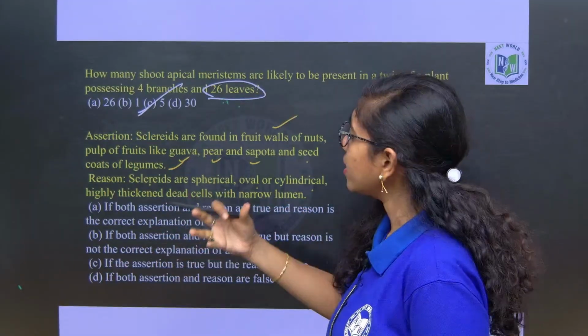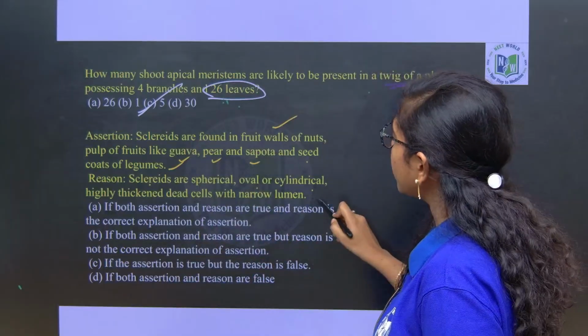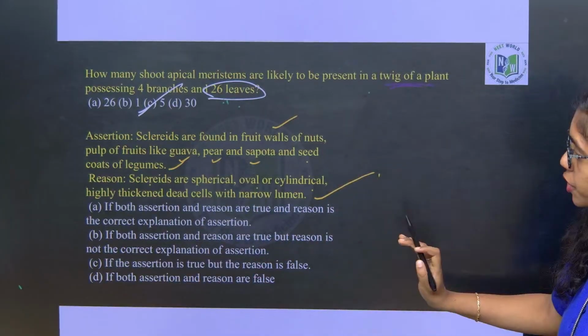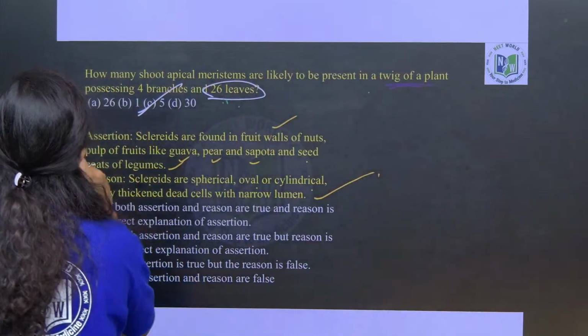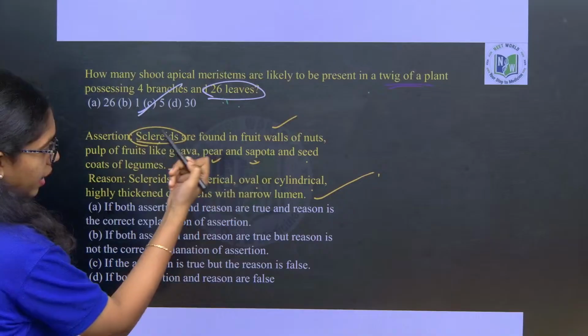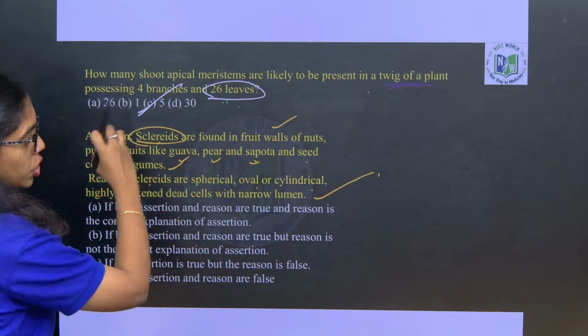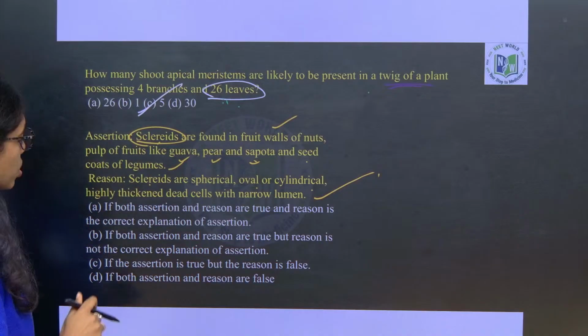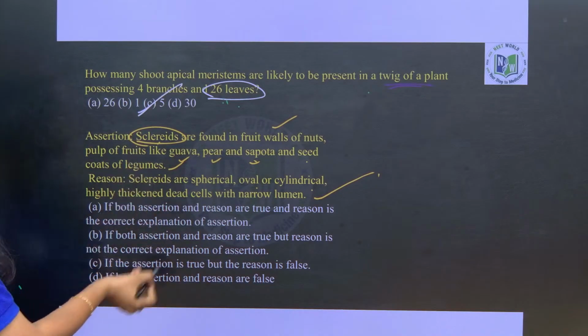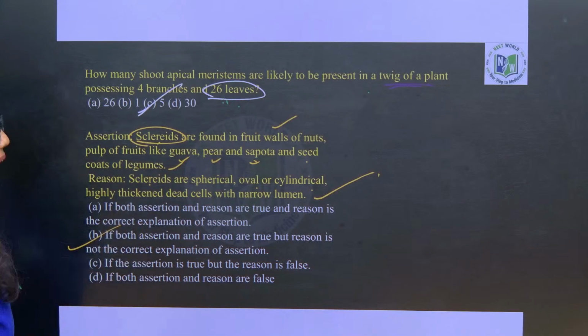They have highly thickened dead cells with narrow lumen. Both assertion and reason are true, but the reason is not explaining why sclereids are found in these places like the fruit wall of nuts or pulp of guava. So what do we have to choose? Assertion is true, but the reason is not the correct explanation of the assertion.